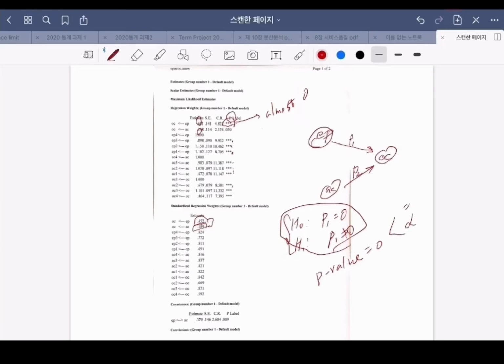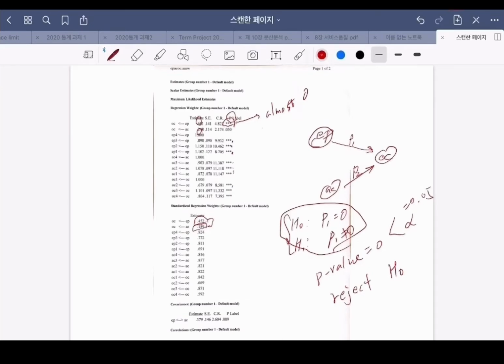Let's say alpha is 0.05, so you reject the hypothesis. That means the relationship between EP and OC is meaningful. And you also see the sign here is positive, so there is a positive relationship between EP and OC.